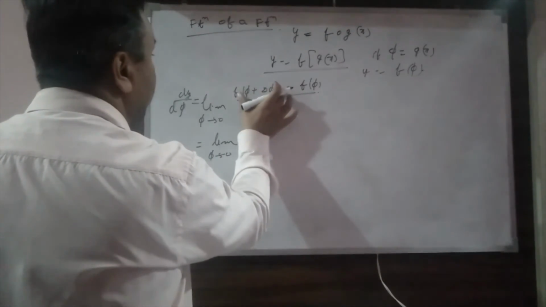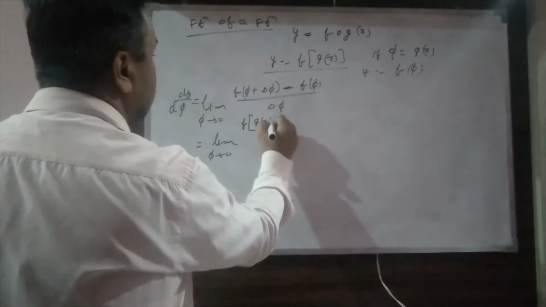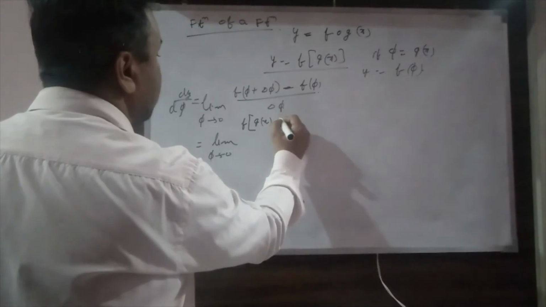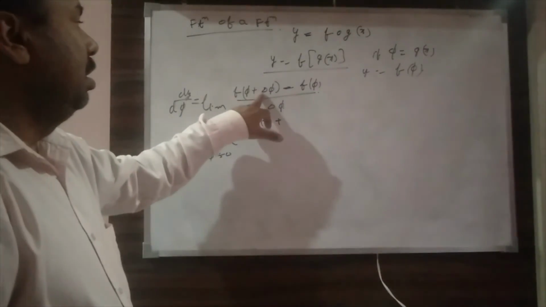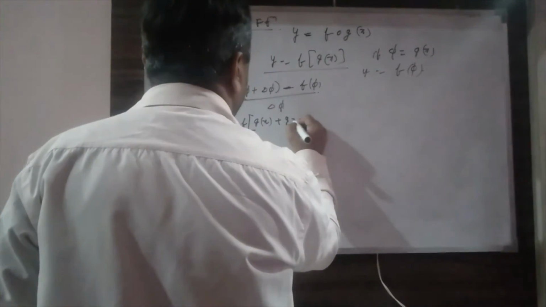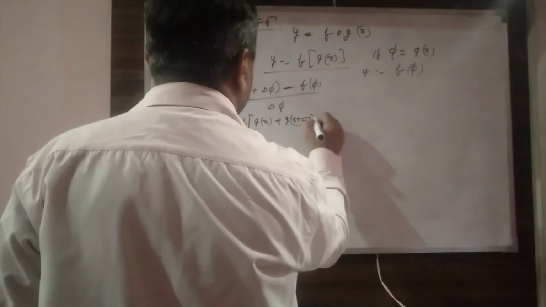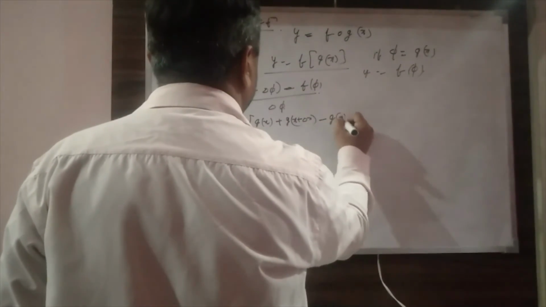So what is f of phi plus delta phi? It is gx plus, what is delta phi? Change in the value. So that will be g of x plus delta x minus gx.